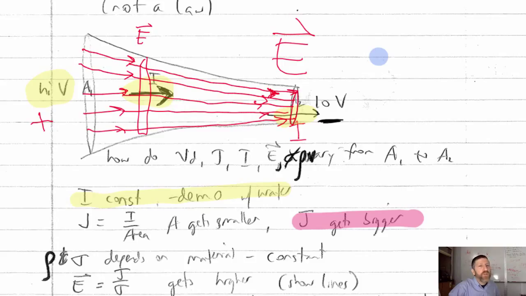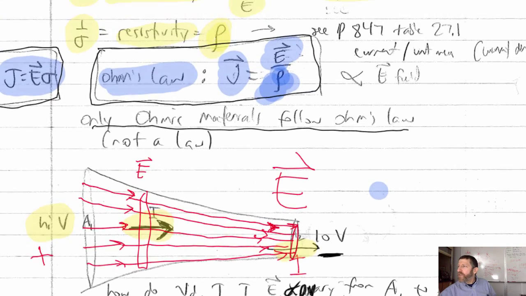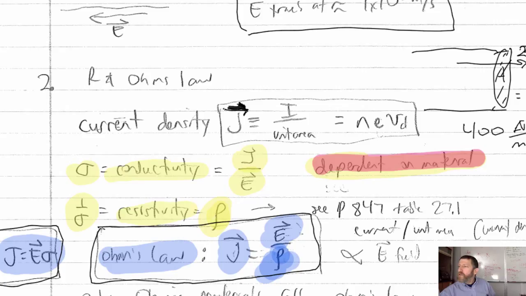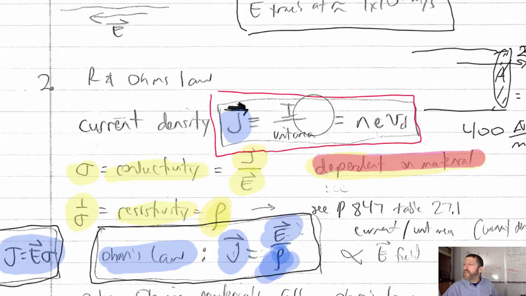Okay, now for the final one on this page, what happens to the drift velocity? My favorite way to look at this is right here. Check out this. The current density is equal to the charge carrier density times the charge of the charge carrier times the drift velocity.